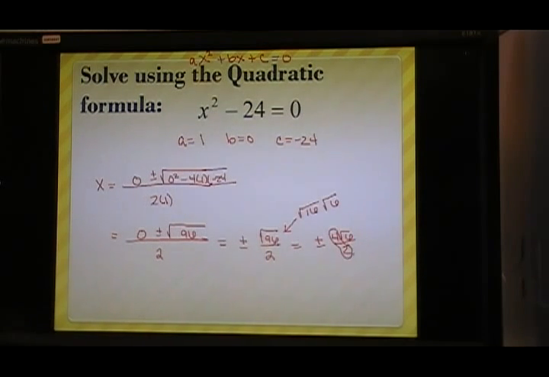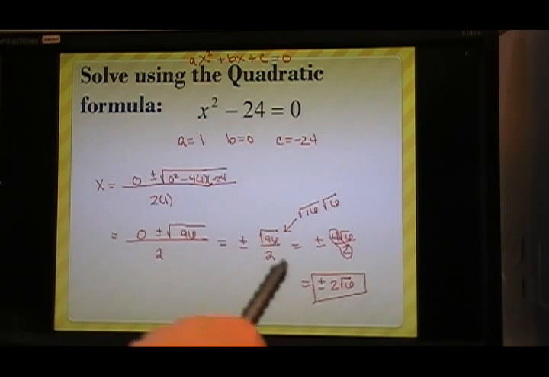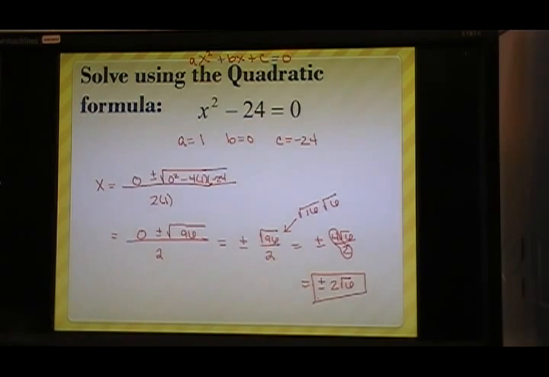The 4 over 2 is just 2. So plus or minus 2 root 6, or positive 2 root 6 is a solution and negative 2 root 6 is a solution. And please note that this is the same solution set you would have gotten had you solved by extracting the root, which would be the most efficient and fastest method to use.